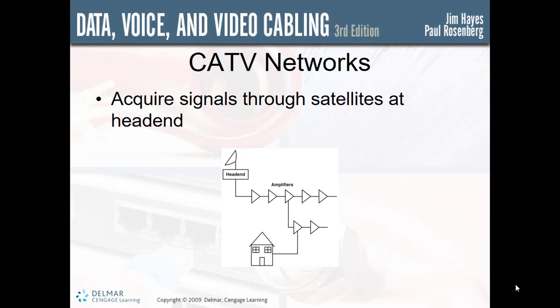Most CATV systems get their broadcast signals from satellites at a location called the head end, which then sends it out over large low-loss coaxial cable called an RG8. The RG standing for radio gauge, about an inch in diameter.